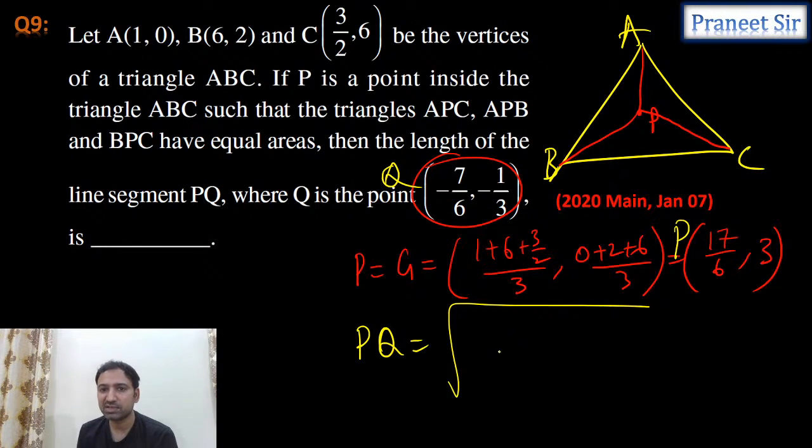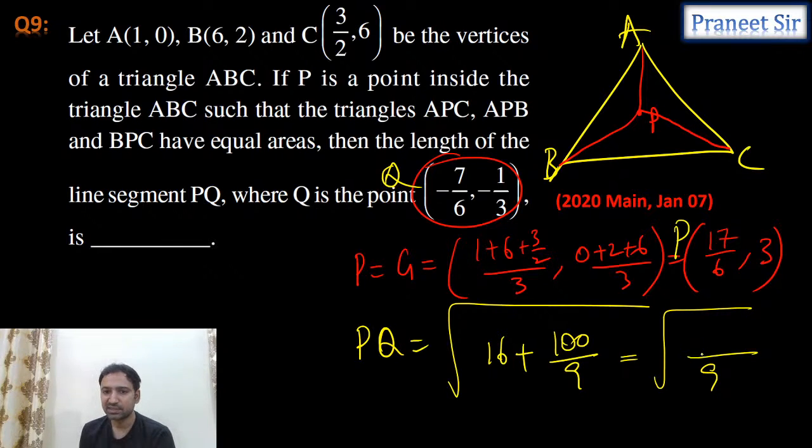Now square root of (17 by 6 plus 17 by 6, which is 24 by 6) whole square, that is 16 only, plus (3 minus minus 1 by 3, which is 10 by 3) whole square, which is 100 by 9. Now let's simplify this. Square root of 9 is the LCM. 9 times 16 is 144. 100 plus 144 is 244.